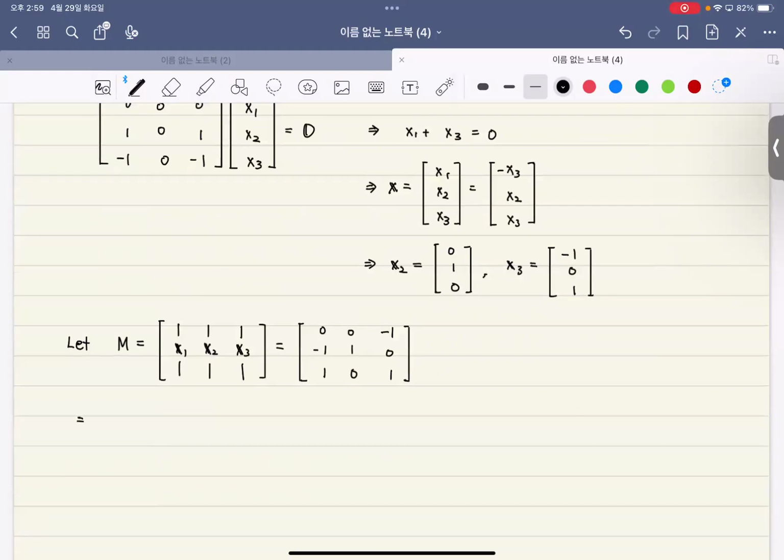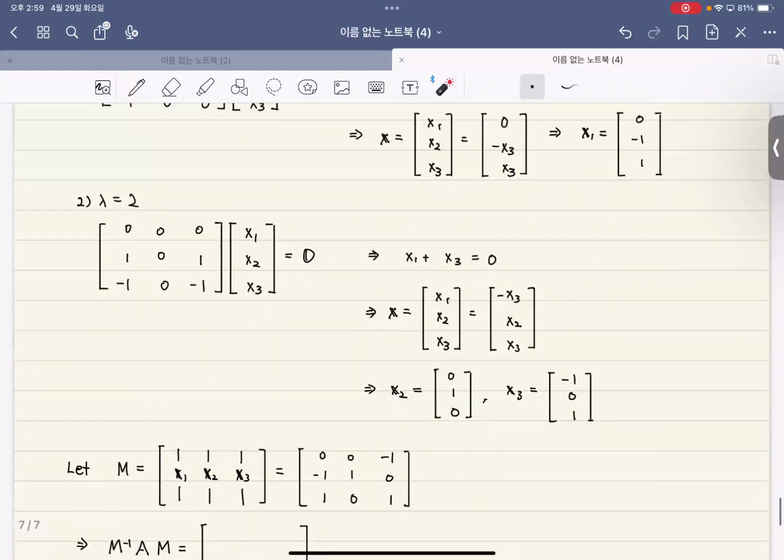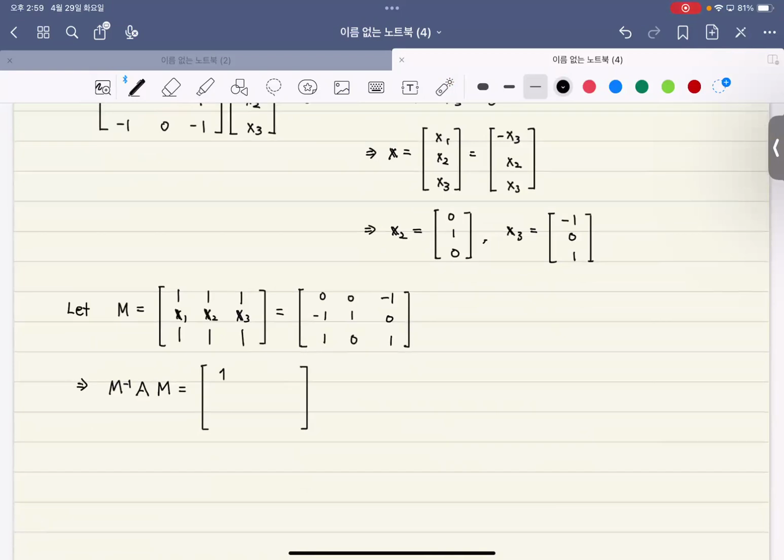Then this matrix M inverse times the original matrix A times M, the resulting matrix must be the diagonal matrix. And what is the first entry? 1. And the second and third entries must be 2 and 2.